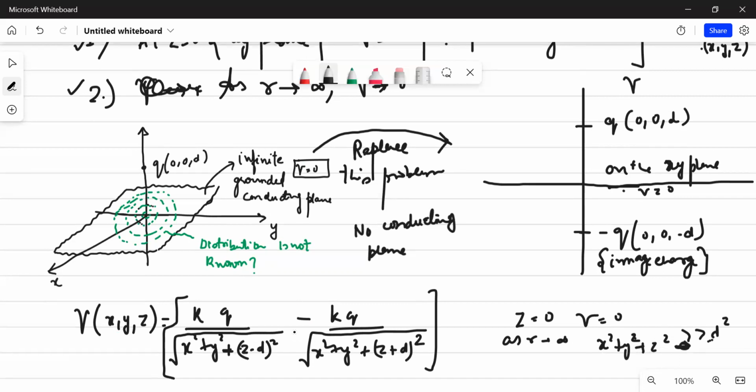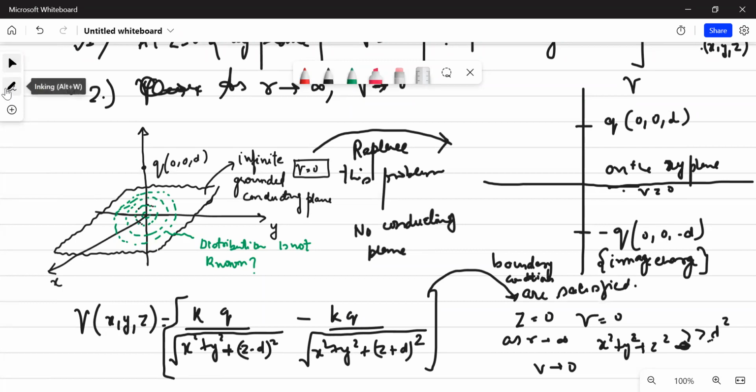So overall, this particular term would go to 0. So this potential satisfies both of these boundary conditions. Is that clear? Is that clear or not clear?